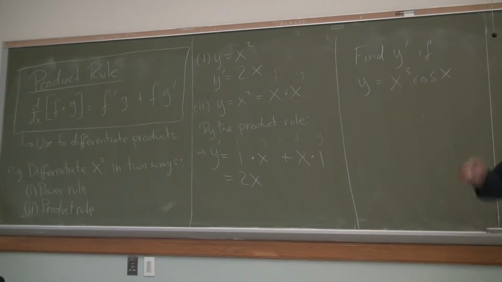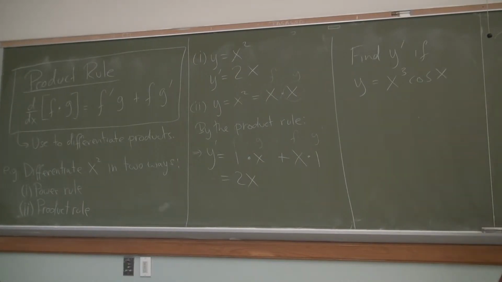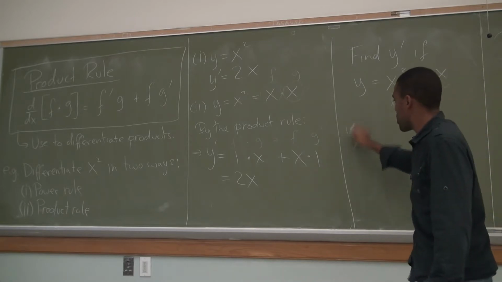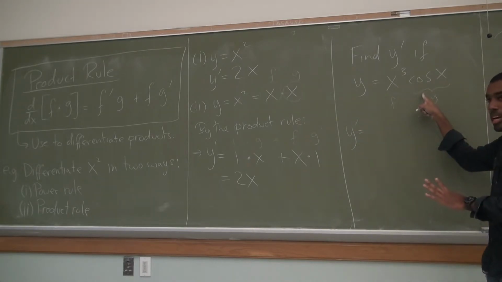No, because you did what I told you not to. You just differentiate this and differentiate that and stick it together. The temptation is always going to be there. Do not succumb to it. So it's negative 3x, this is f. That is g. So y prime equals, first you differentiate this and don't do anything with that guy.